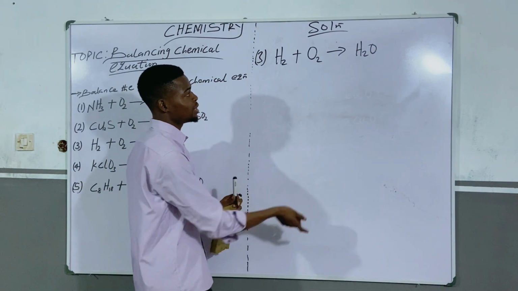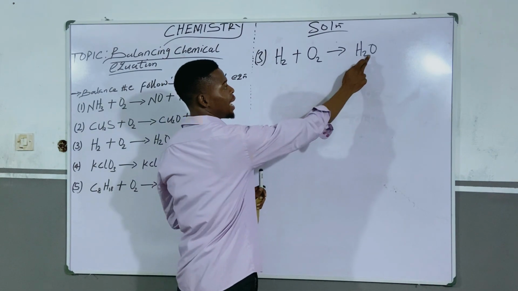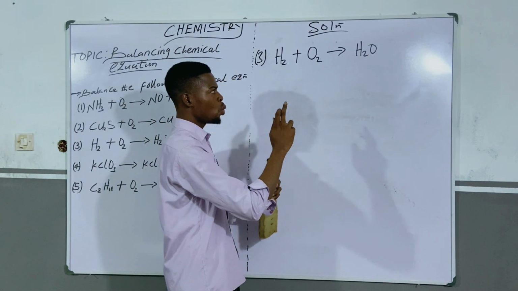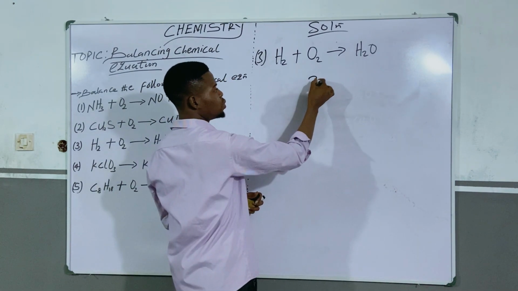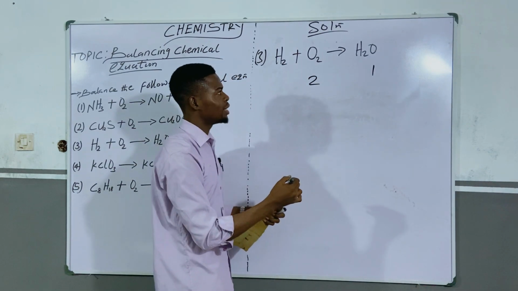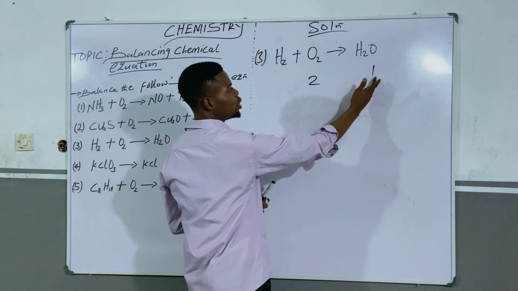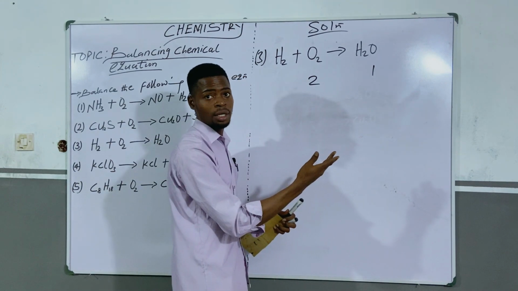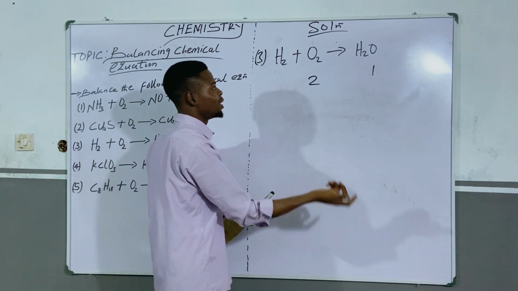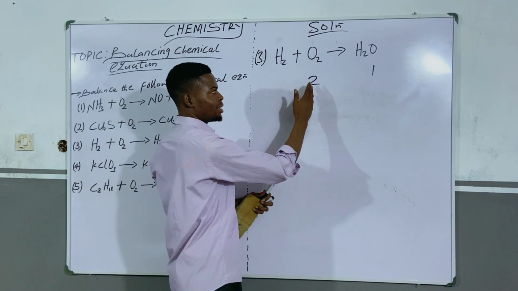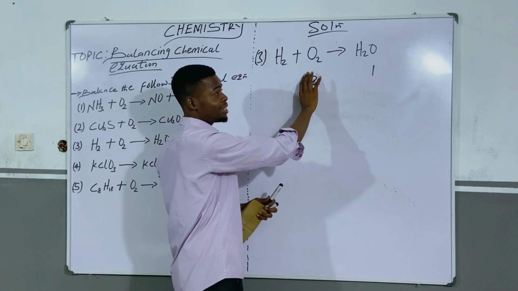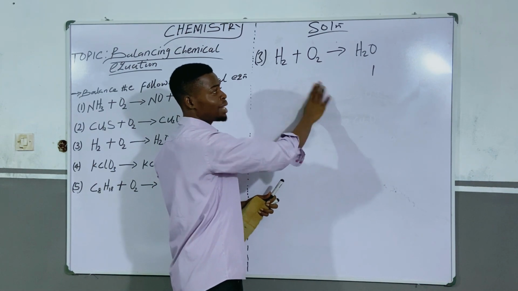Then let's go to oxygen. You have 2 oxygen here and 1 oxygen here. So it implies that we need 1 oxygen here, or we need 2 oxygen here. If we have 1 oxygen here, then oxygen will be balanced on both sides.